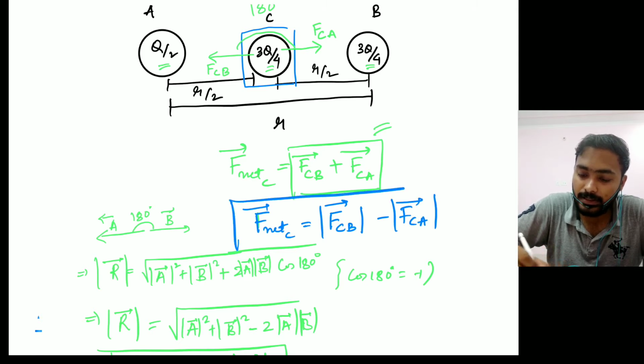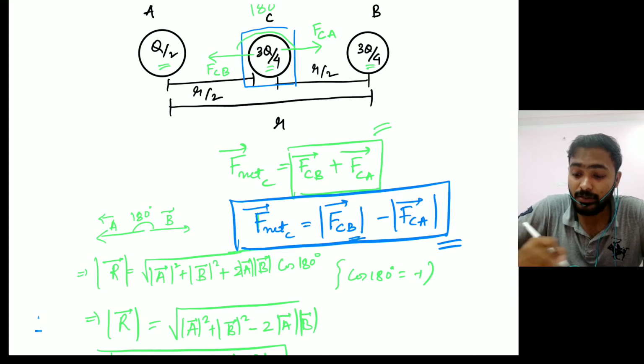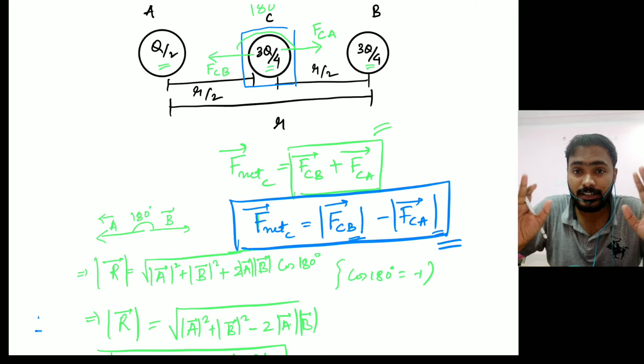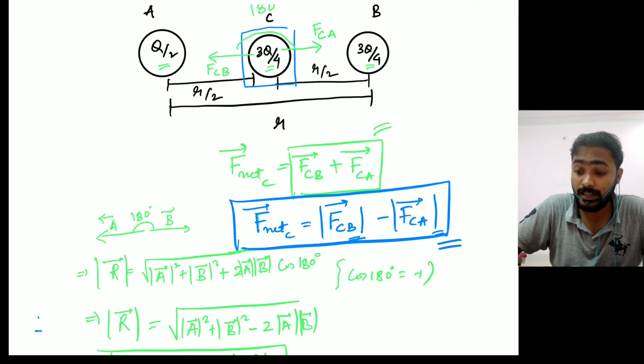Simple. This is what will be my final answer. I hope that is understood. Now the only thing I have to do is find out the magnitude of FCB and FCA. So let's try to find out the magnitude of FCB and FCA.